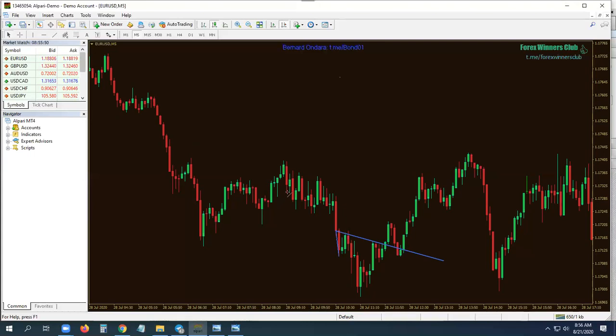Move down. Move up. Move down. Create the head. Move back up. Move down. Create the other shoulder. Move up. And breakout. That is an inverse head and shoulders.